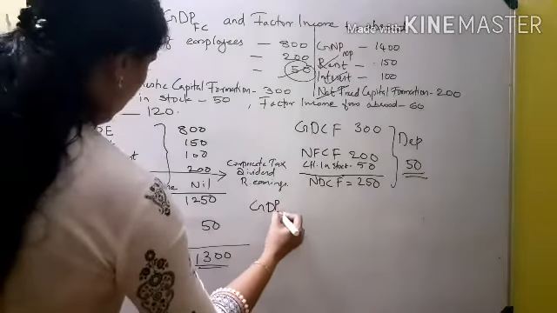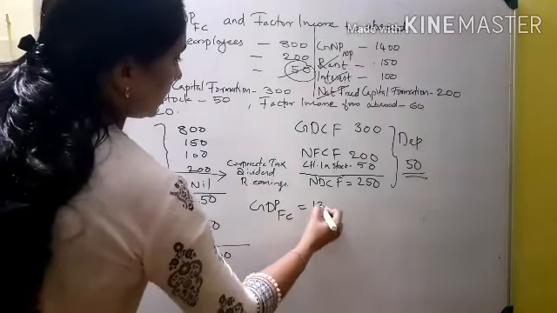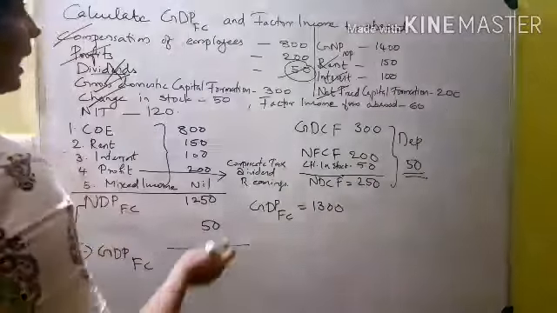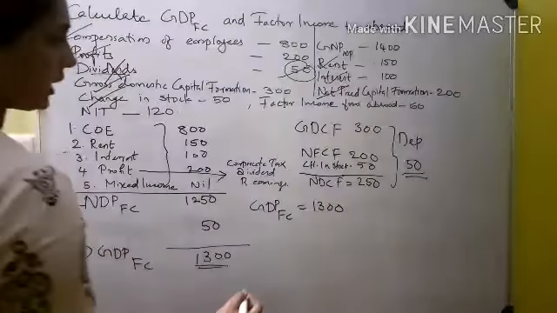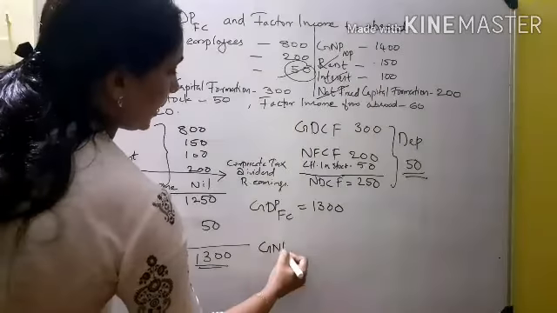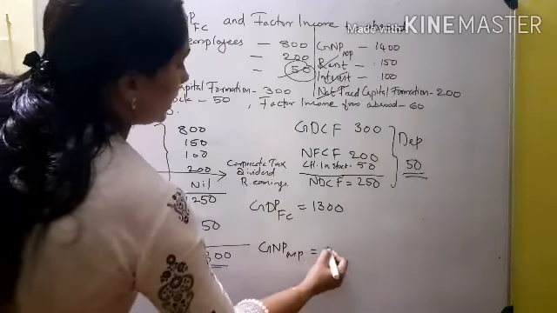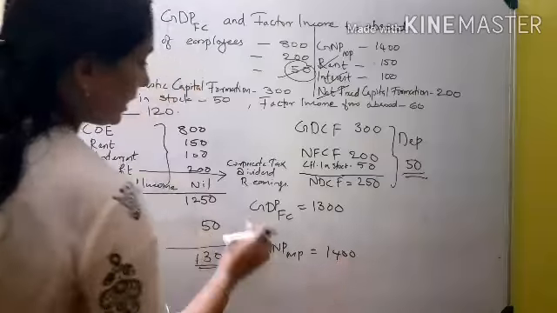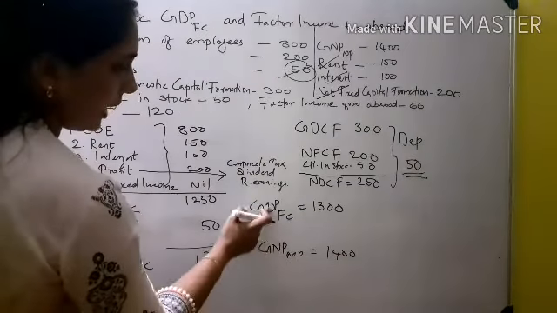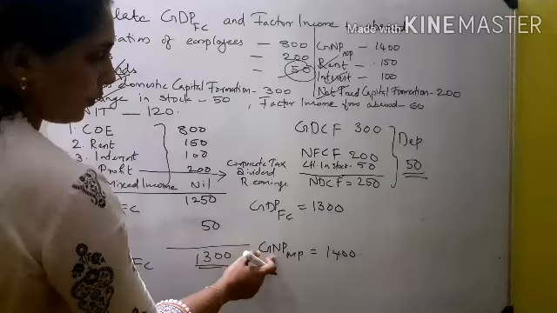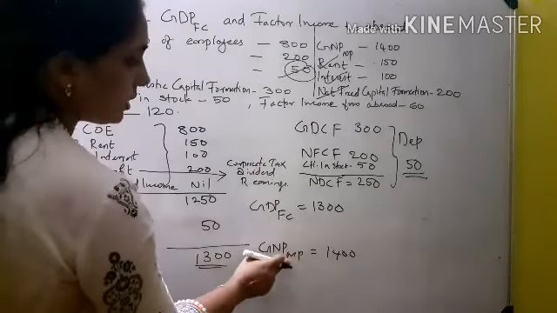GDP FC is equal to 1300, and another information GNP MP given in the question is 1400. Here the gross is common; the difference is domestic product to national product, which means NFIA. This is factor cost, and this is market price.